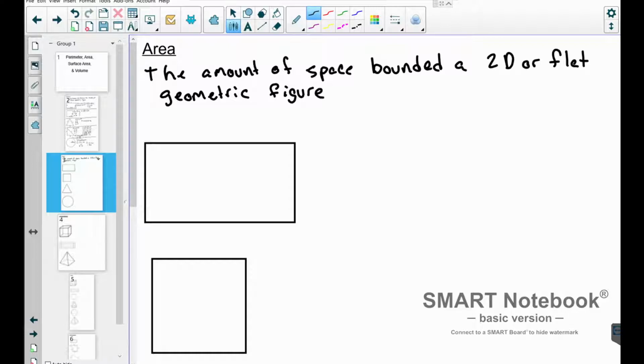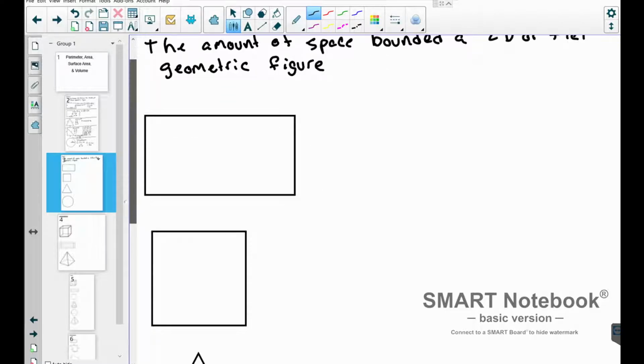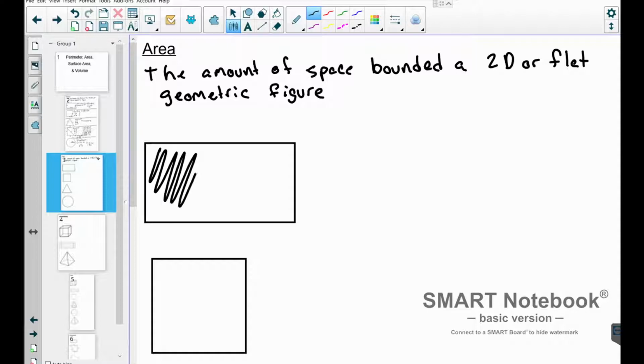So instead of just getting the distance around something, we're getting the distance within something. Not just the distance, but the whole span of whatever space is taken up inside of one of these figures.